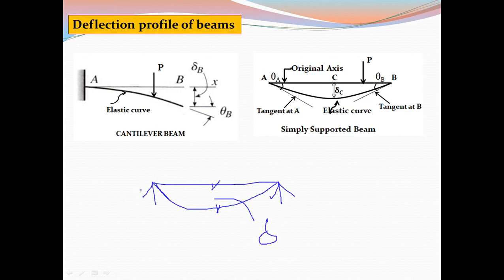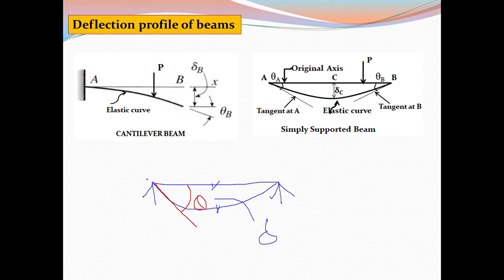If you draw a tangent to this deflected shape, the angle between the original profile of the beam and the tangent is known as theta. That is slope.